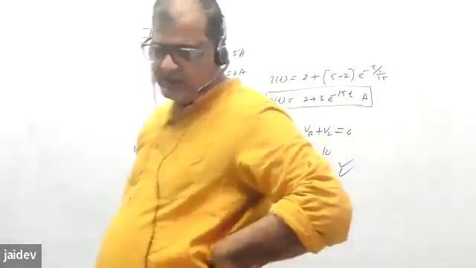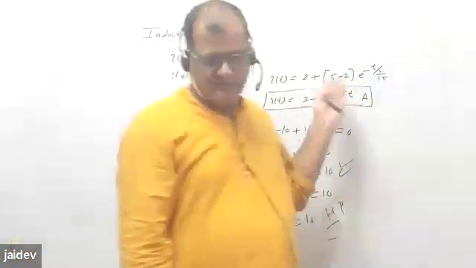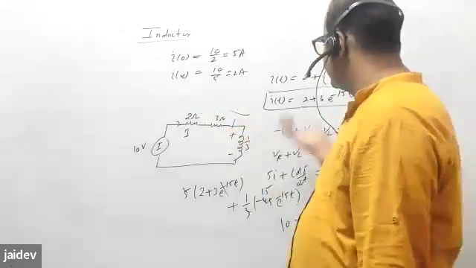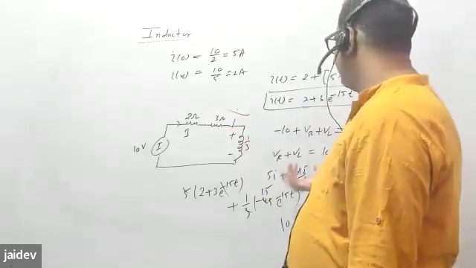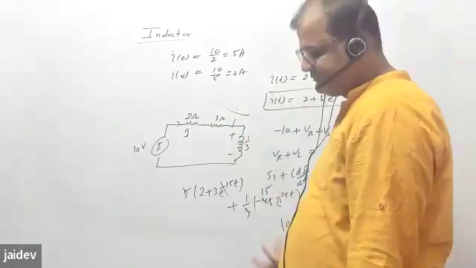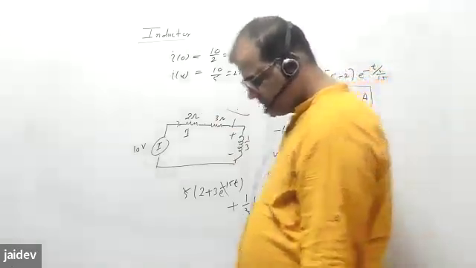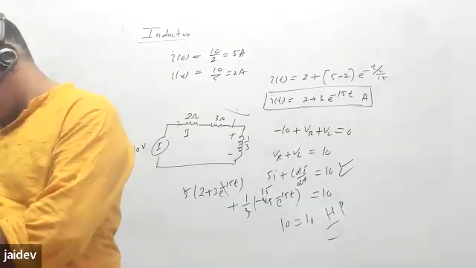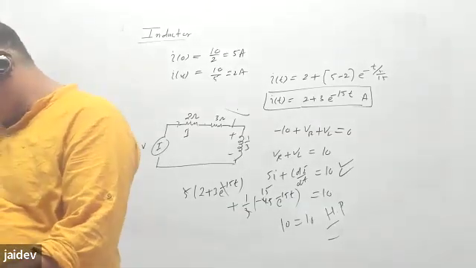So you can solve any complicated circuit using this way, because finally the equation is this only. Sir, actually, these are alternative ways. Yes, you can say alternative ways.